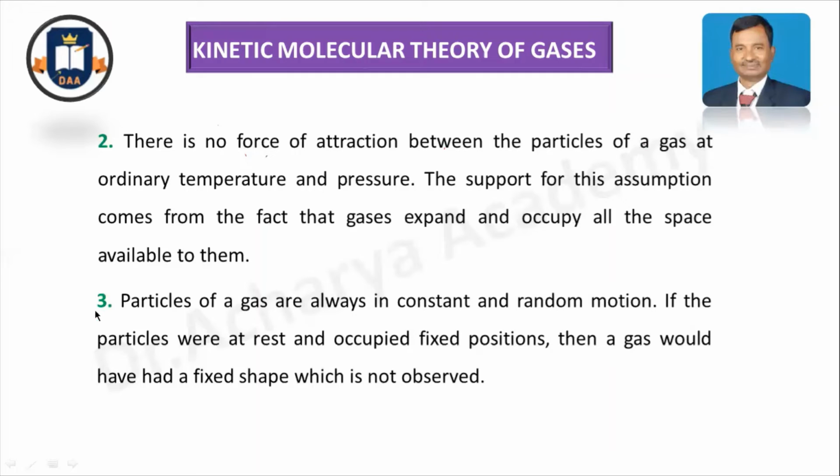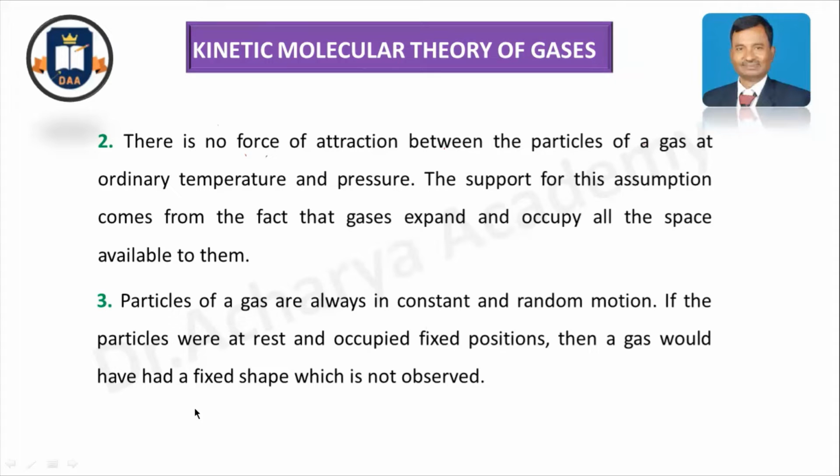Now postulate number 3. Postulate and assumption are the same in this kinetic molecular theory of gas. So point number 3: the particles of a gas are always in constant and random motion.